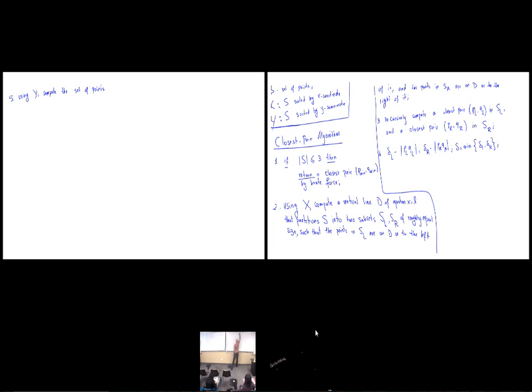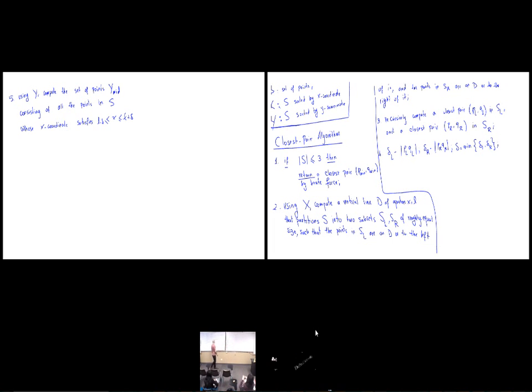Y mid, consisting of all the points in S whose x coordinate satisfies x between L minus delta and L plus delta.